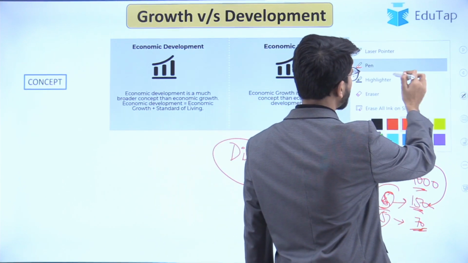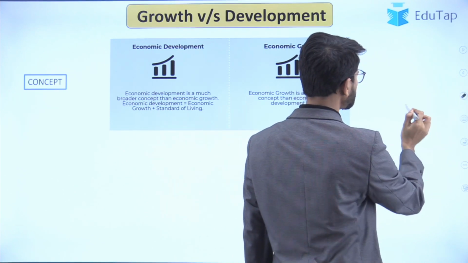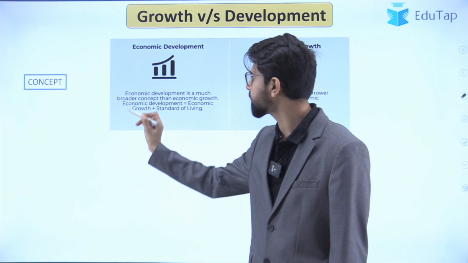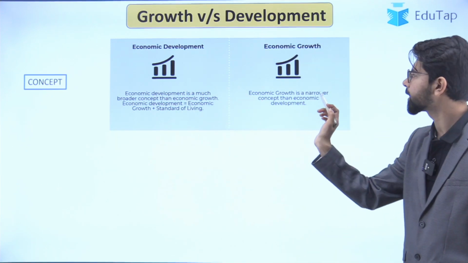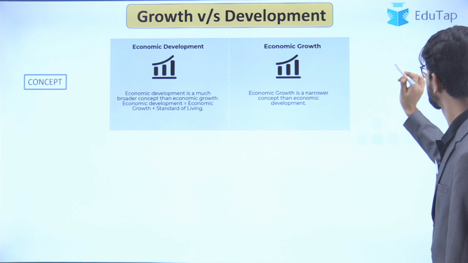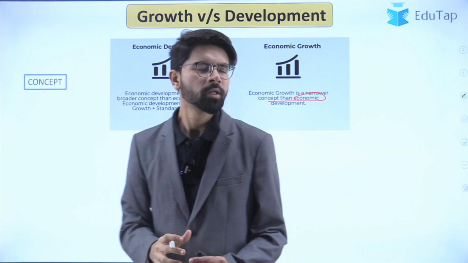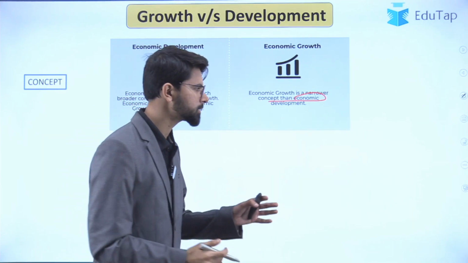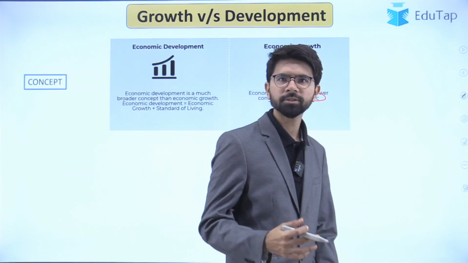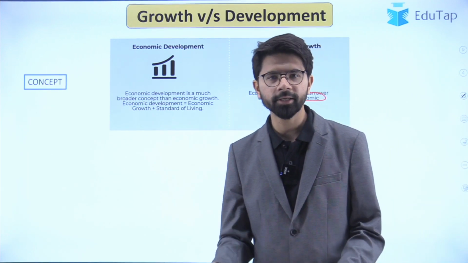Let us now try to understand what is economic development and growth. See, economic growth is purely a narrower concept than economic development. It has a very narrow context. In the same example, just because the income has increased from 1000 to 1100, we would say that there is growth.